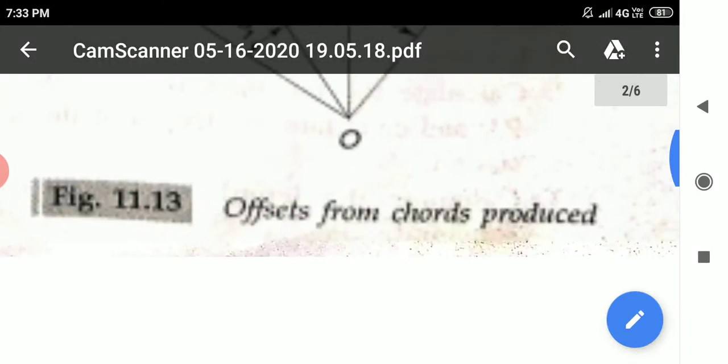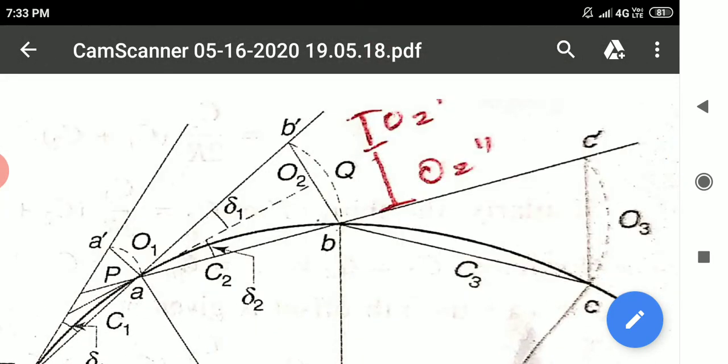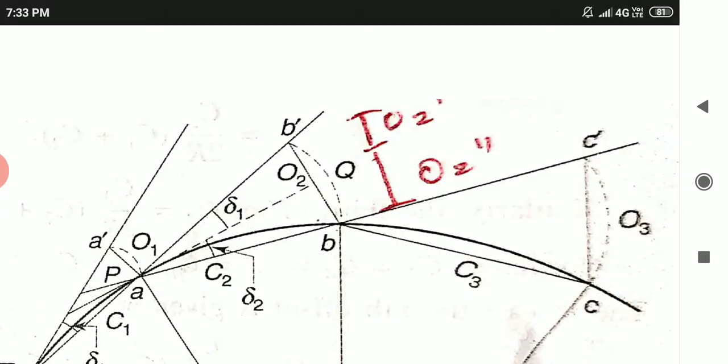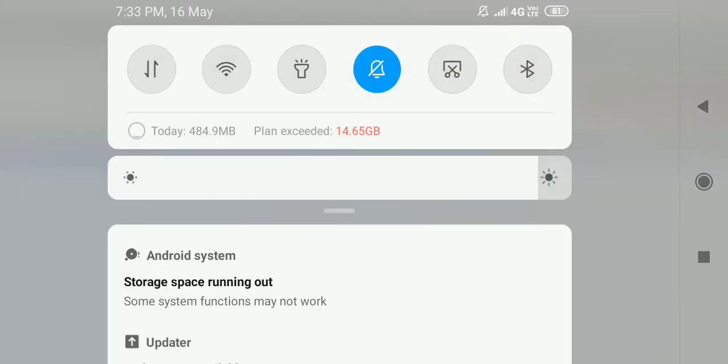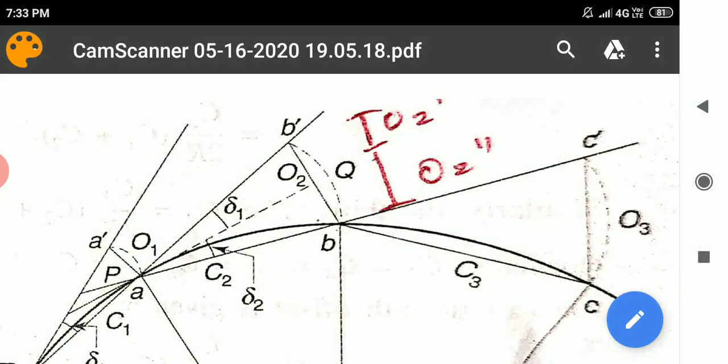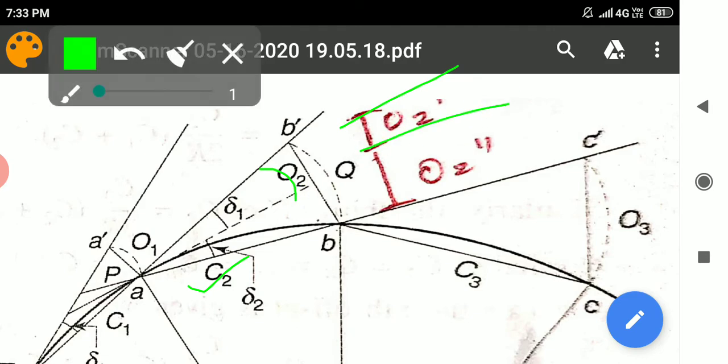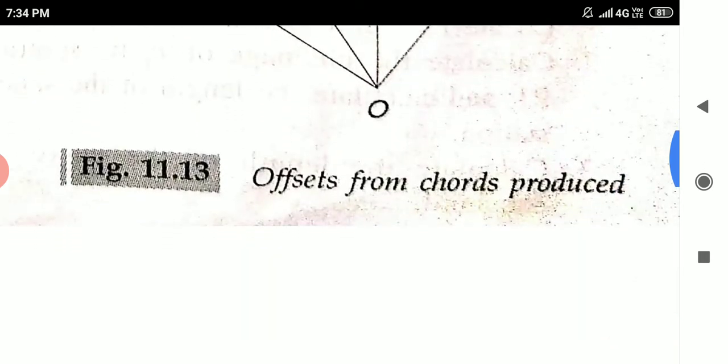See here, O2 dash equals C2 into this delta 1. So delta 1 is C1 by 2R, so O2 dash is C2 into C1 by 2R.